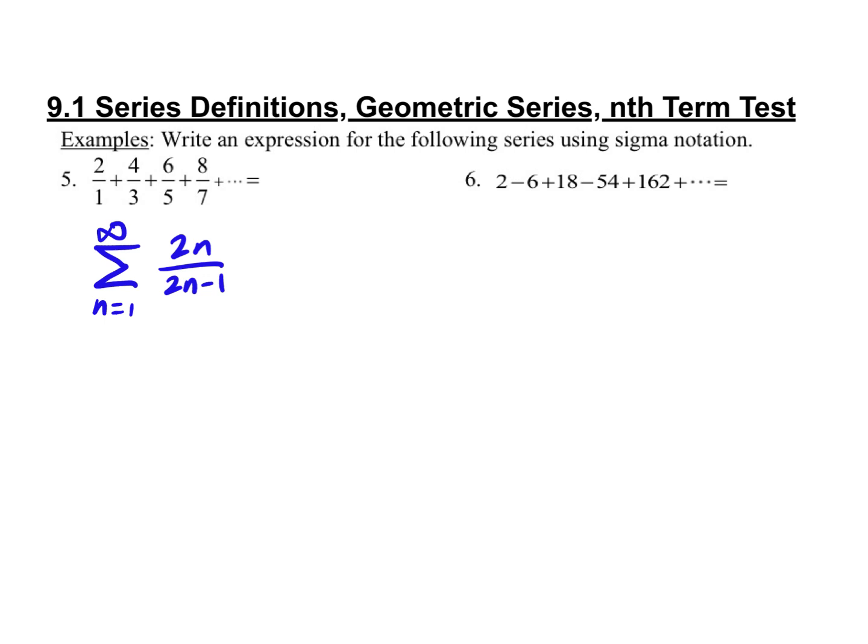Okay? So I'll leave you to that one. I'll give you a hint. How are you getting from one term to the next term? Multiply by negative 3. So if I multiplied by negative 3 once, and then to get to here, I multiplied by negative 3 again. And then I multiplied by negative 3 again.